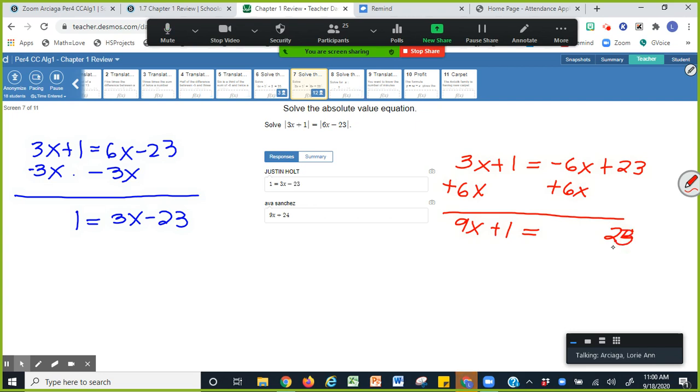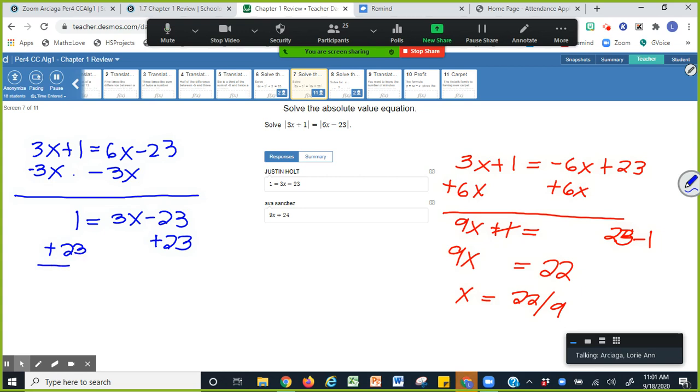Oh, you're solving this. I'm sorry, Ava. Okay, so 9x, and then you take away the 1 here. Equals 22. So x will be 22 over 9. On the other hand, for this one you're going to add 23.